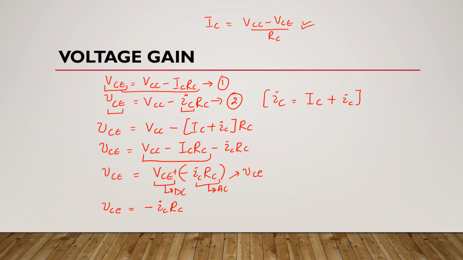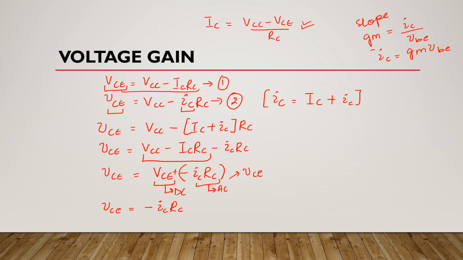Now if you remember from your previous lecture, we studied one graph where I mentioned that slope was transconductance and it was equal to IC divided by VBE. It means this IC is equal to transconductance multiplied by this small signal base to emitter voltage.